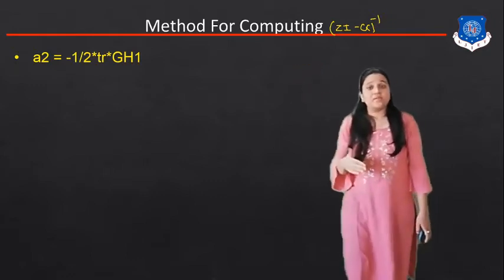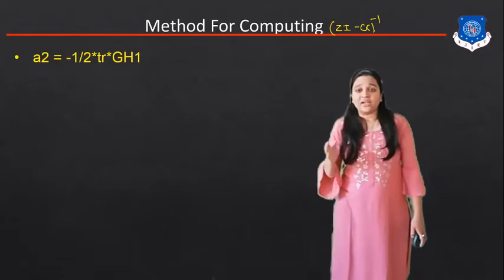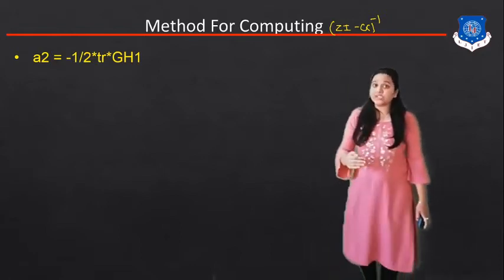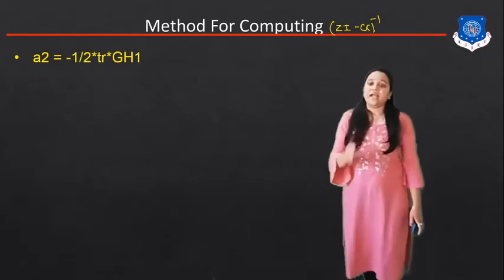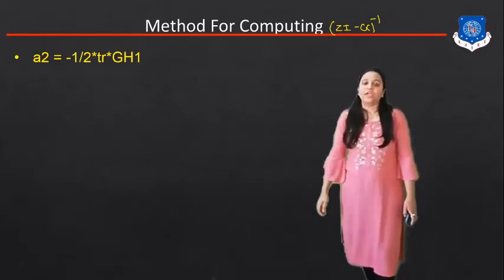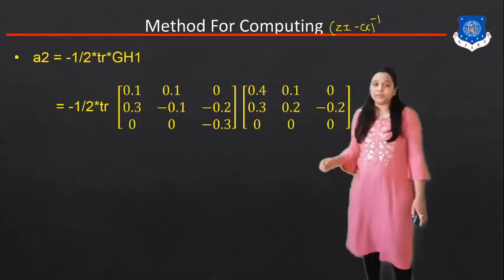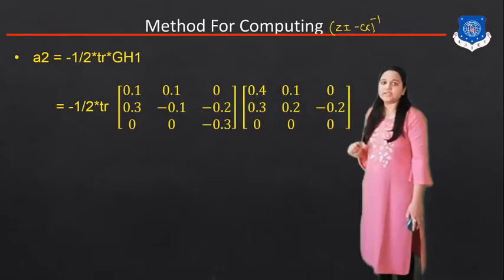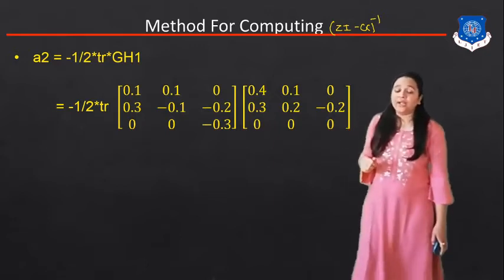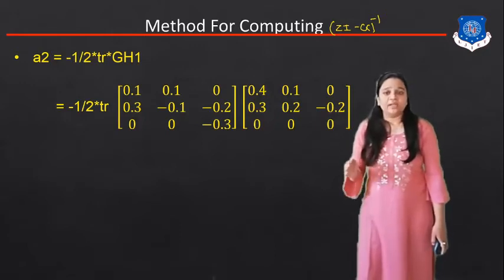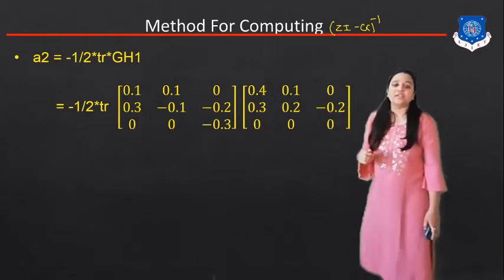Then we have to multiply the matrices G and H1, find the trace of this matrix, and the last step is to divide this value by 2. So first of all write down the values of G and H1 in this equation. Now the multiplication of these matrices.